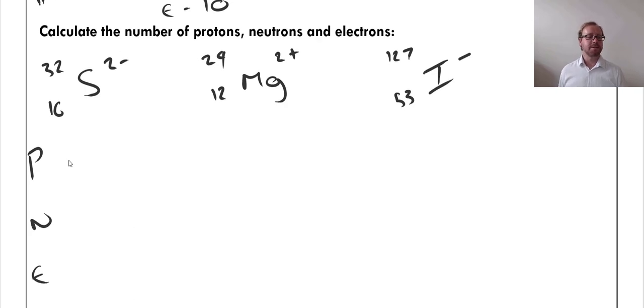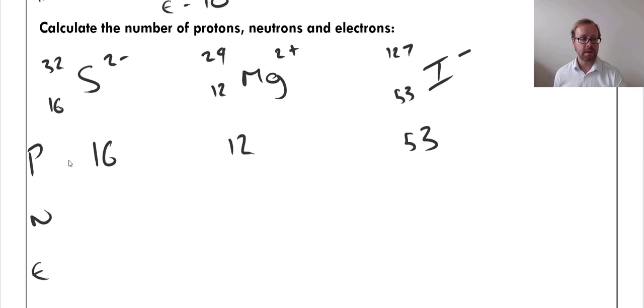Okay, right, so we have our protons, we have our neutrons, and we have electrons. So it should be very simple to work out our number of protons, because that number never changes, which equals our atomic number. So it must be 16, 12 and 53. Now our electrons number has changed. So that means, depending on whether it's negative or whether it's positive, I need to add or take away electrons.